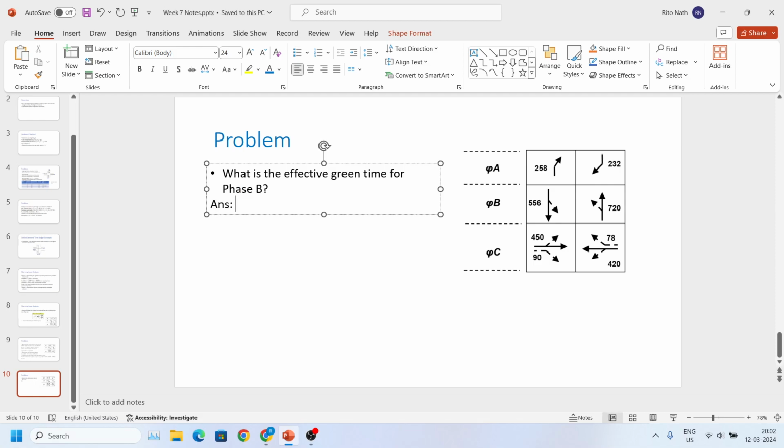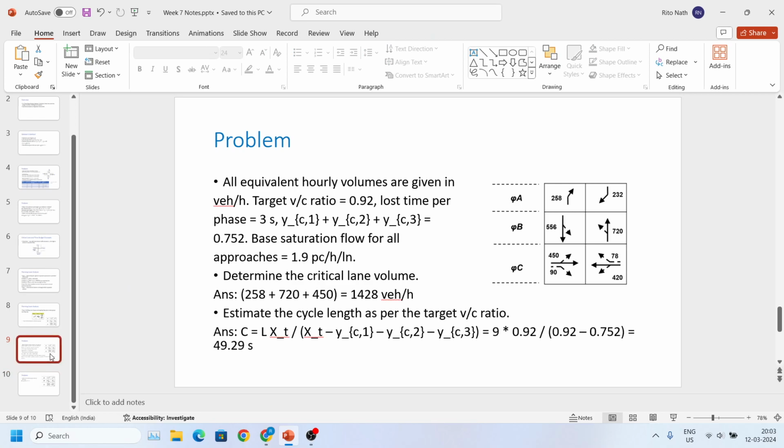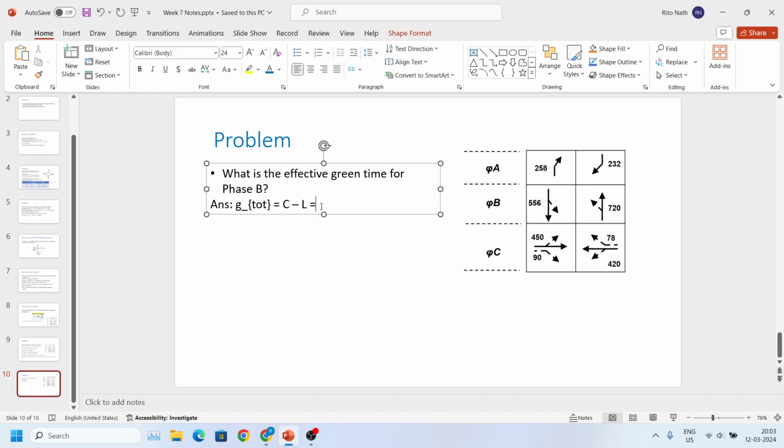The way to do it is that first you have to calculate G total, which is C minus L. C is your cycle length that you have calculated, which is 49.29. And your L is 3 times 3, which is 9 seconds, that you also used in the previous calculation.